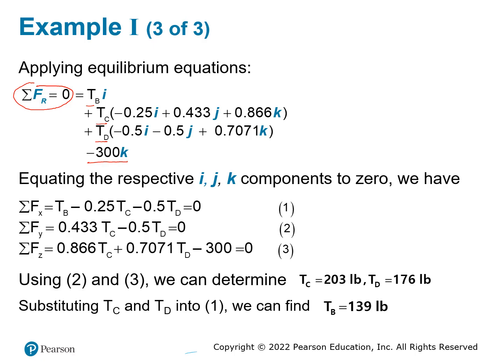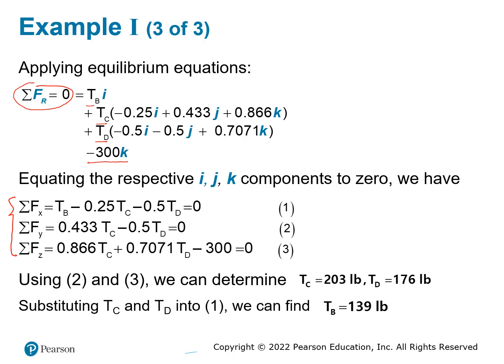T sub B, T sub C, and T sub D are the unknowns that we are trying to solve. When we represent the equation in terms of the x, y, and z directions, you get these three equations. And I will let you do the math. You have three unknowns and three equations, so you solve these three equations for these three unknowns.